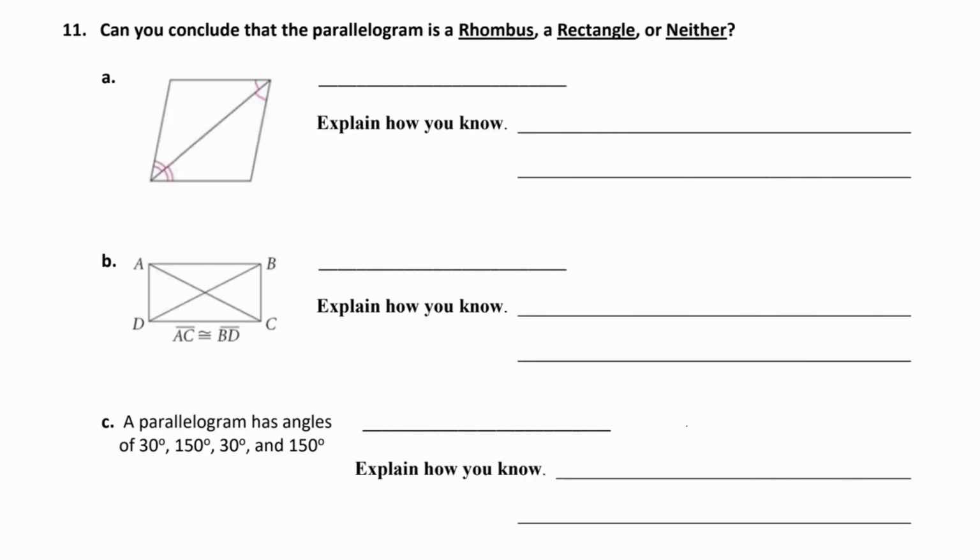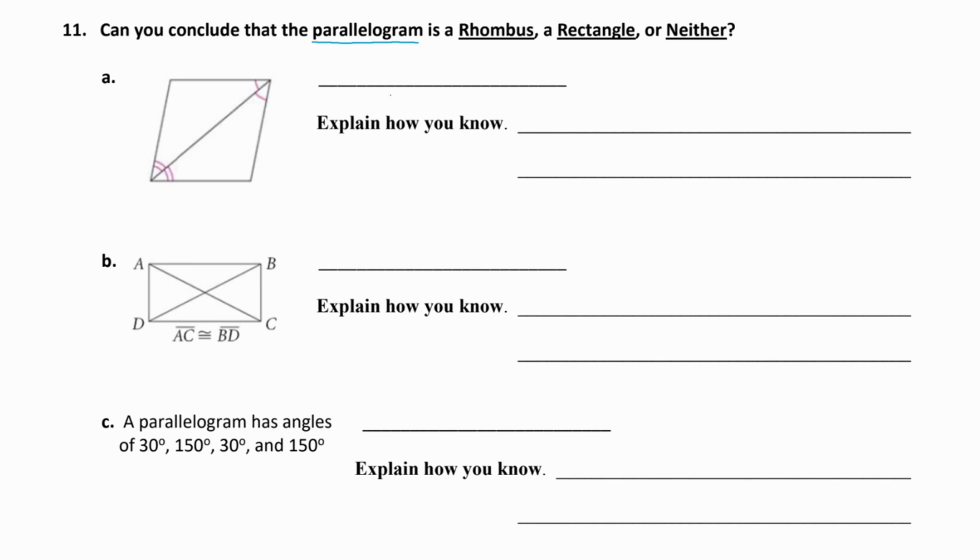All right, finally, we have this set of information given to us, and we need to determine whether or not we can determine if it is a rhombus, a rectangle, or neither. In our first diagram, we're told that the angles on either side of the diagonal are congruent. Now, interestingly, it says here that these have potentially different values.